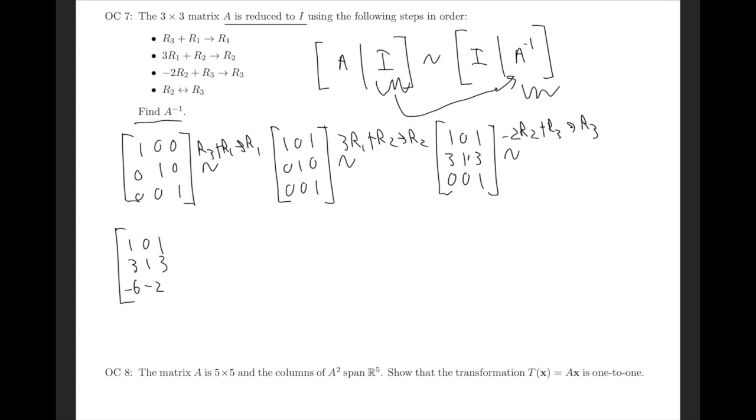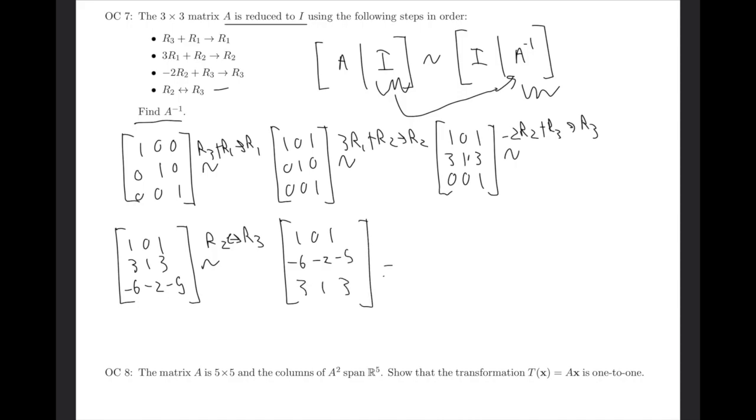Negative 2 times 3 is negative 6 plus 1 is negative 5. And then the final row operation is R2 interchange with R3. And that gives us 1, 0, 1, negative 6, negative 2, negative 5, 3, 1, 3. And that's going to be equal to A inverse.